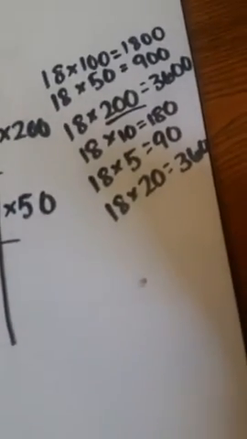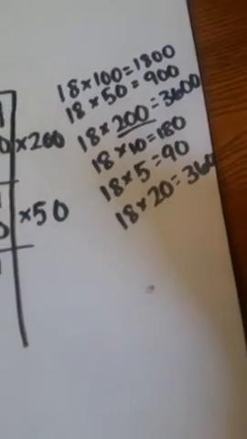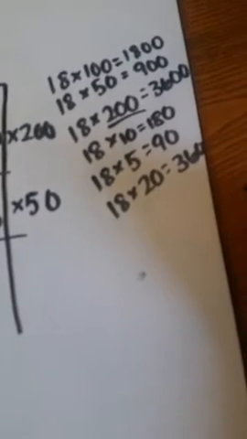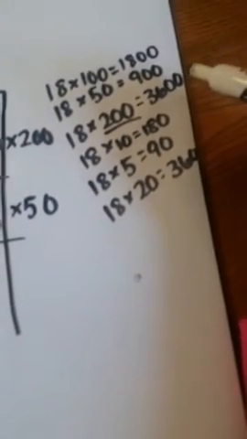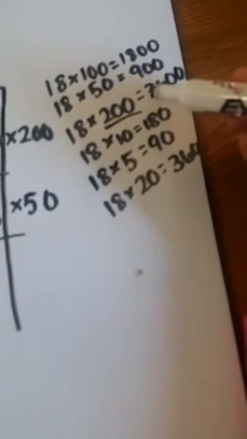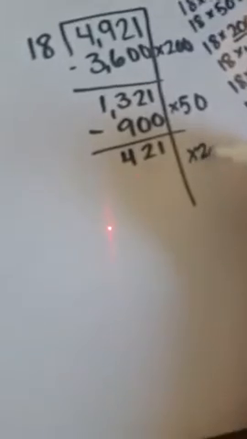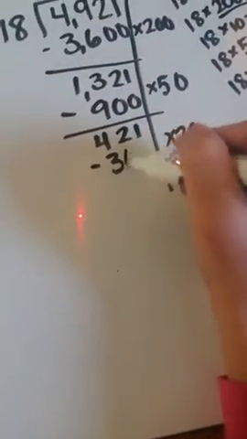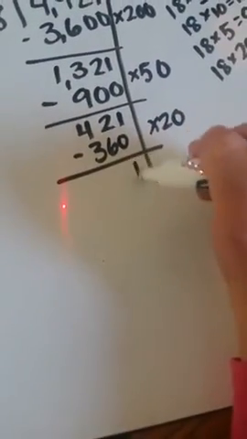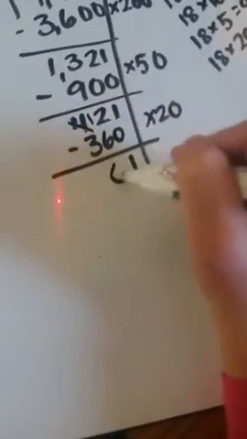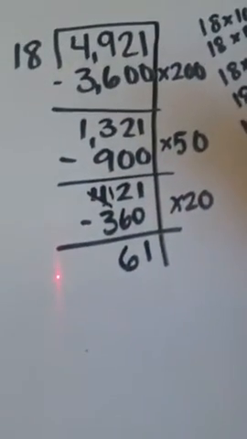So I look over here and I go, what else is there that might help me? Well, 18 times 20, that's going to be 360. So I'm going to go over here and subtract my 360. So now I have 61 still remaining.